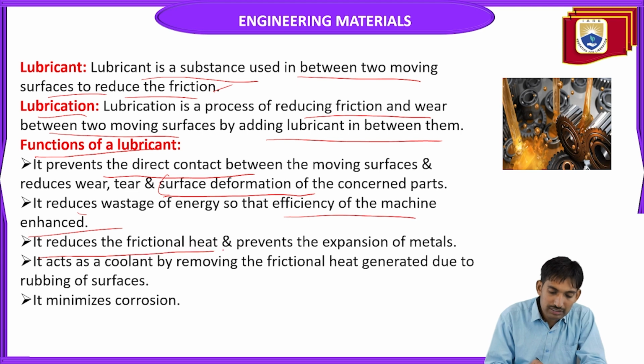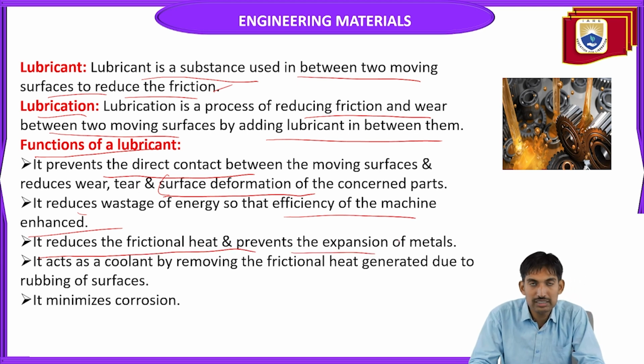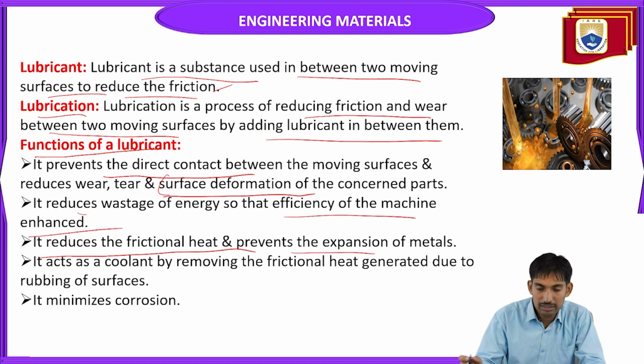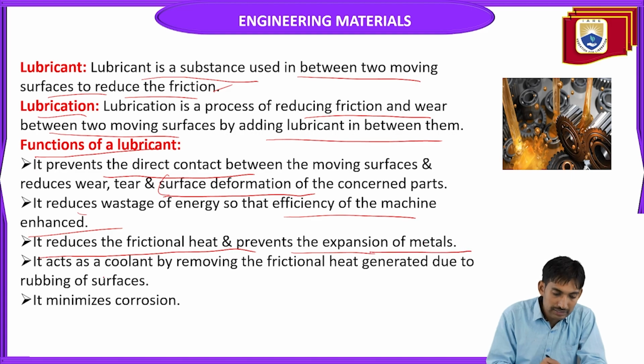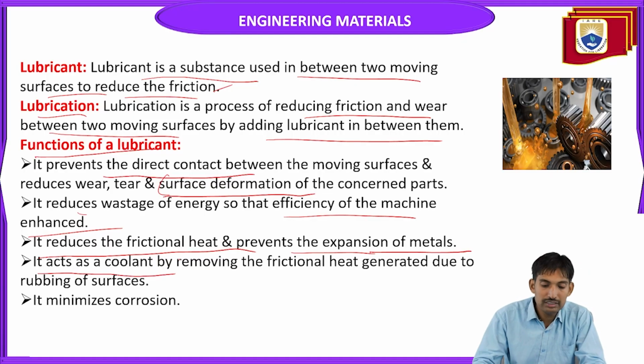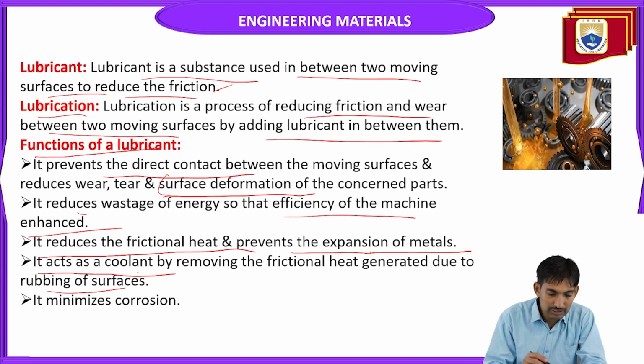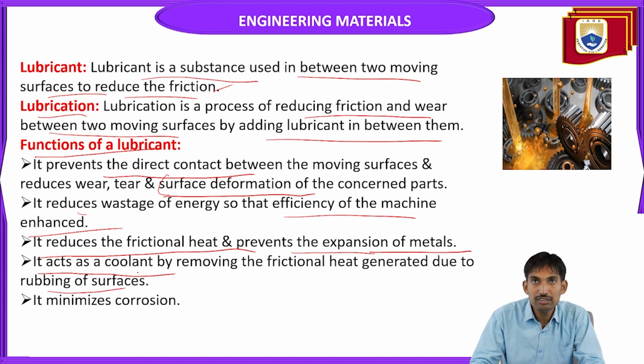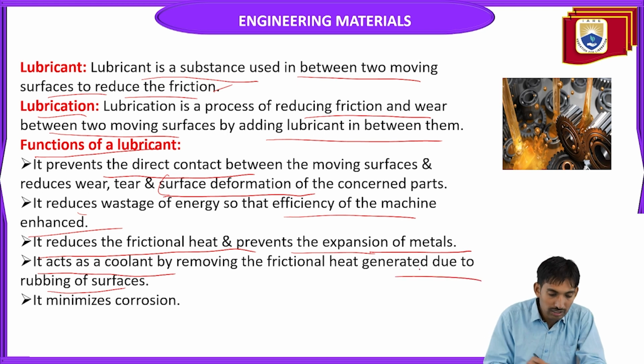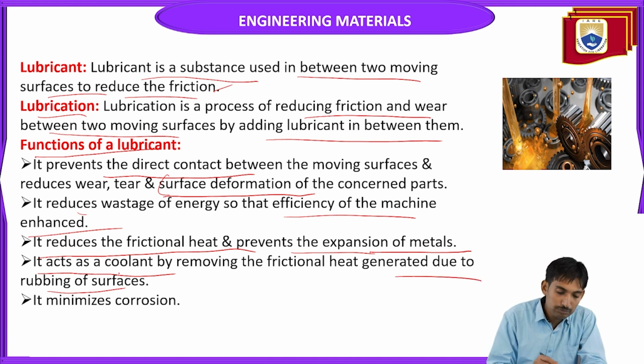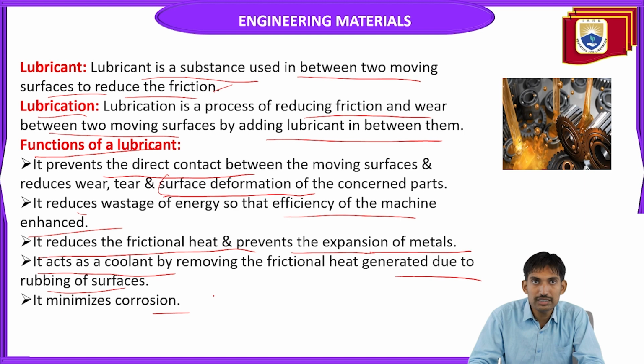It reduces the frictional heat and prevents the expansion of metals. It acts as a coolant by removing the frictional heat generated due to the rubbing of surfaces, and it minimizes corrosion.